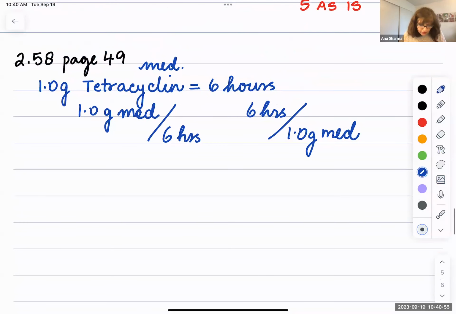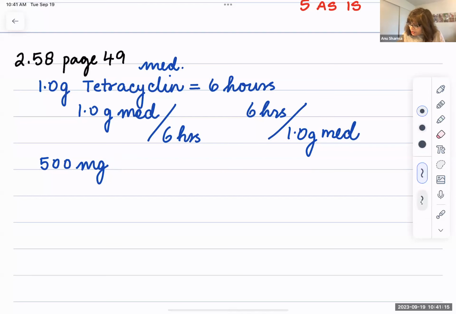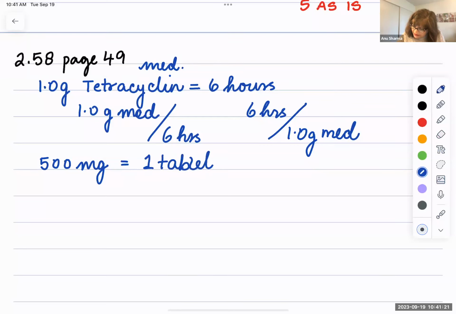Next is, if your stock on hand is 500 milligrams, a 500 milligram tablet, this means 1 tablet is 500 milligrams. So 500 milligrams is equal to 1 tablet. You see how this is translating?